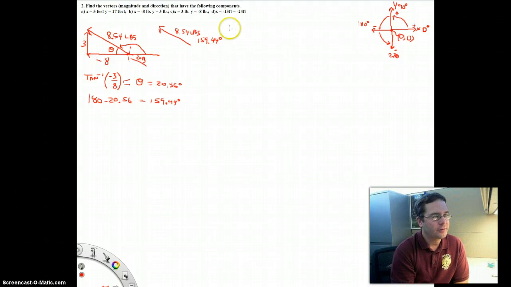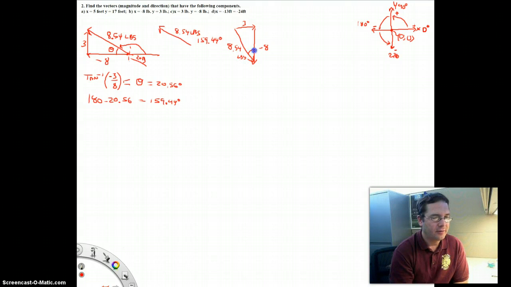So for part C, we're going to have an X force of positive 3 and a Y force of negative 8. Well, the length of the resultant is going to be exactly the same. So that's going to be 8.54 pounds.